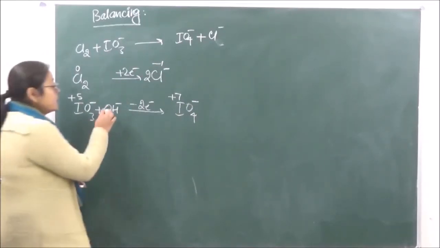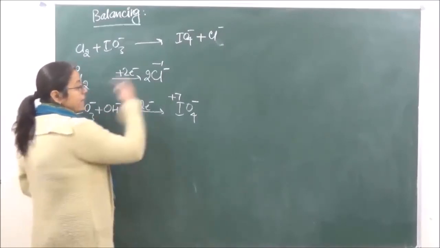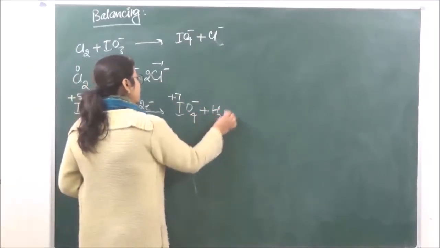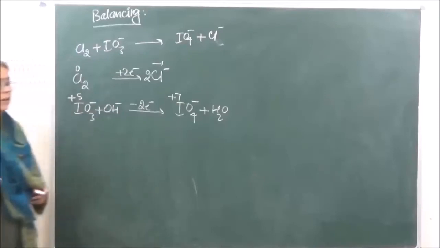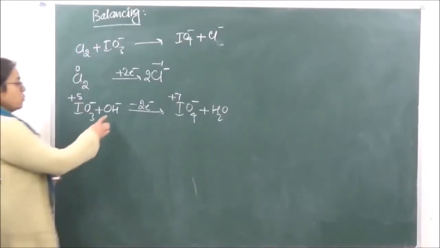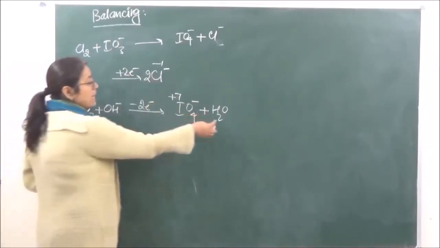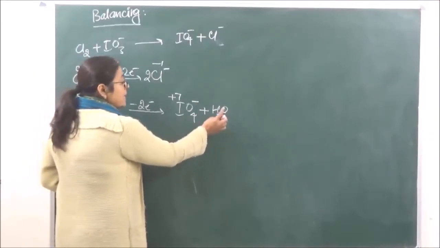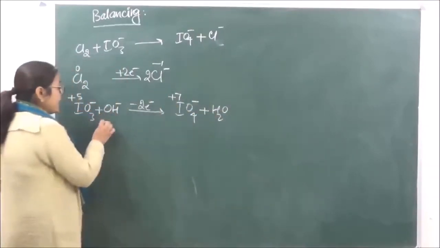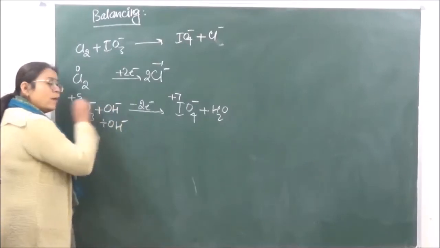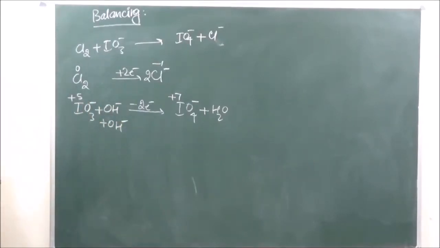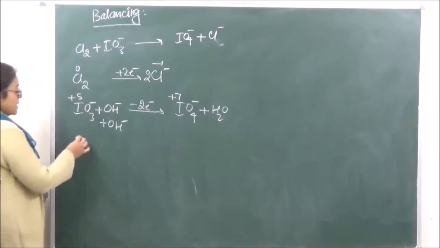Then as many OH negative as you have added, on the opposite side you add as many H2O. Then as many H2O as you have added, again you have to put that many OH negative on the opposite side. Okay? So what is going to be this balanced equation now?